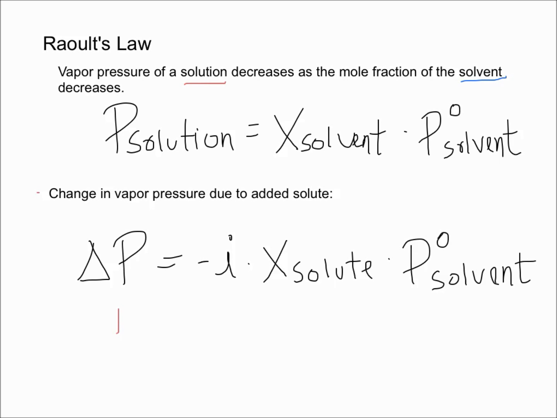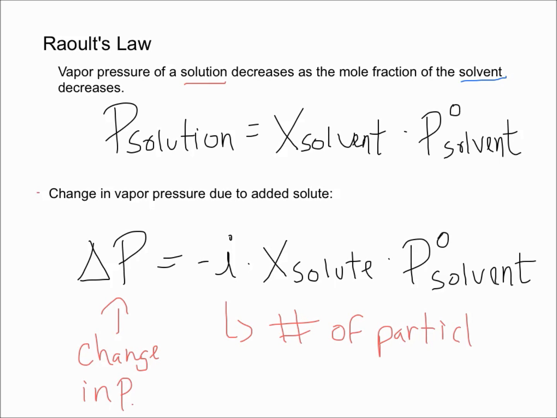And now this is our change in vapor pressure, delta P. i is the number of particles, and the other change is the mole fraction.